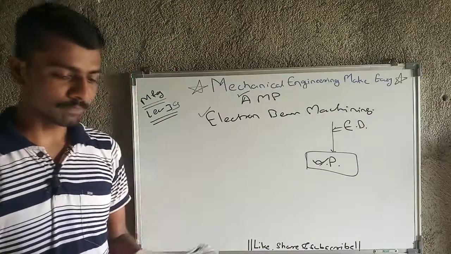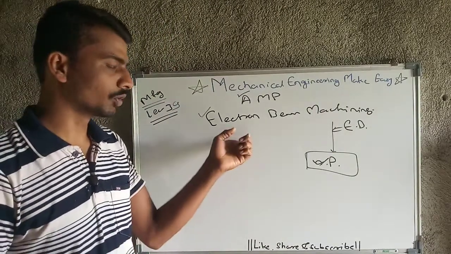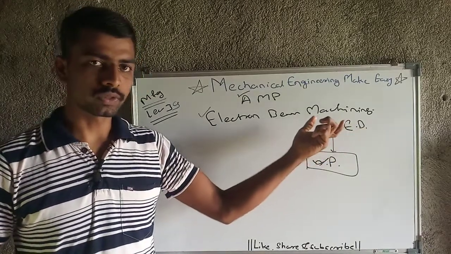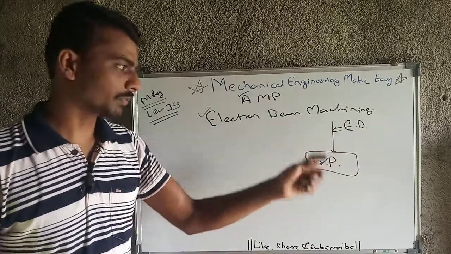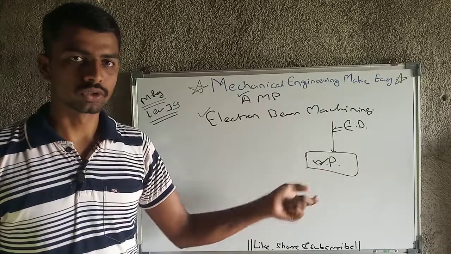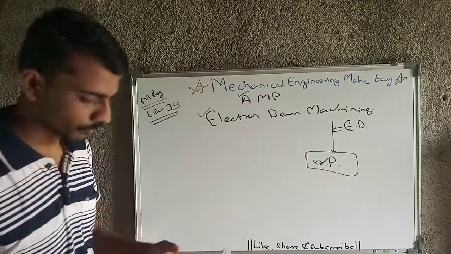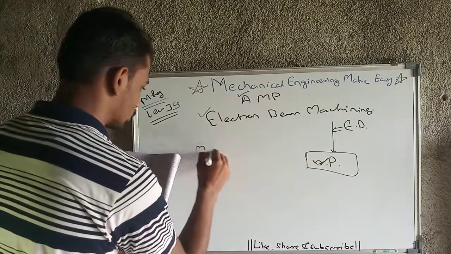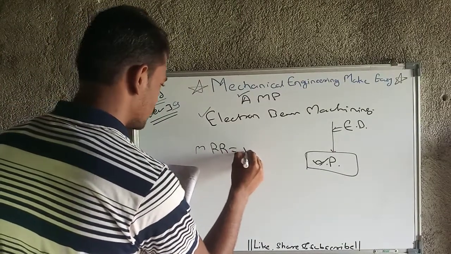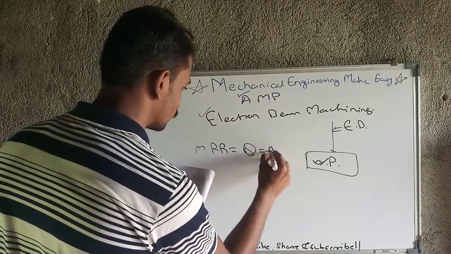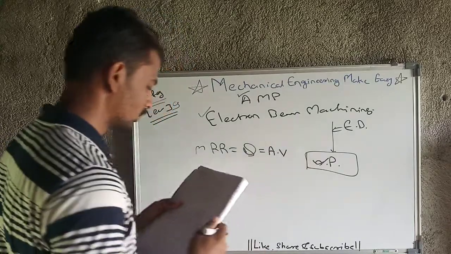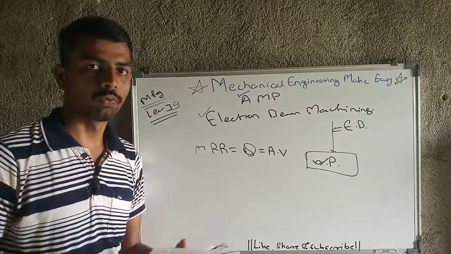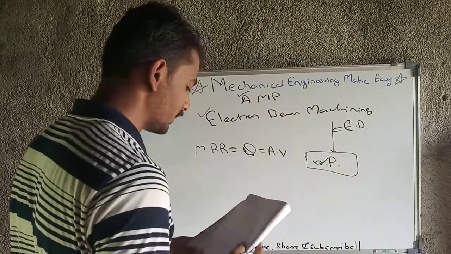So we will look at some parameters, and this is wholly a thermal process, as the electron beam is going to carry the heat there, and because of heat, evaporation is going to occur. So the whole process is a thermal process. MRR will be denoted by Q, which is equal to A into V, that is nothing but area into velocity.